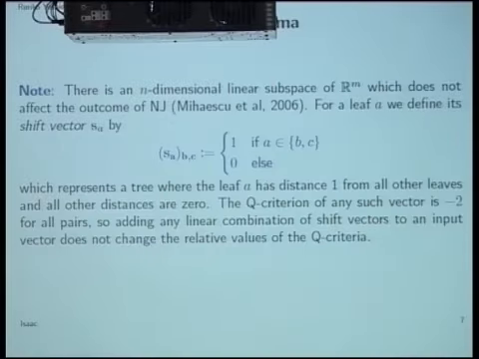It means basically a tree where a leaf A has distance 1 from all other leaves, but otherwise all zeros. This is also called the shifting vectors. So we know that the partitionings actually have some linearity of this.